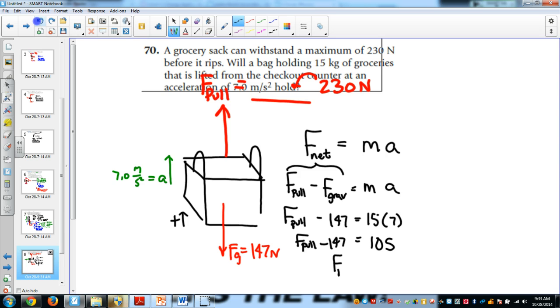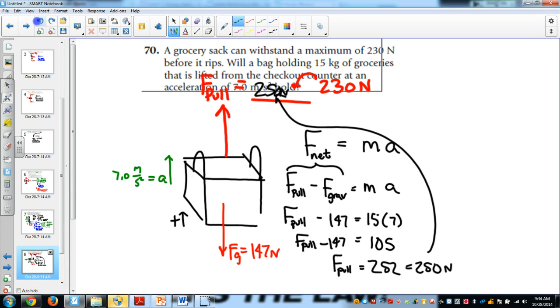So my pull force is going to be equal to 105 plus 147. So it comes out to 252 or 250 newtons. So that's how much my pull force actually is. And that's bad. So the question asks, will it rip? Yes, this will rip.